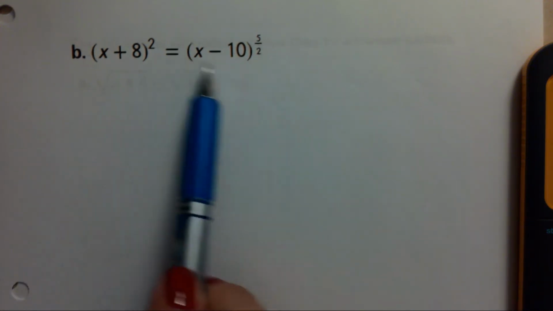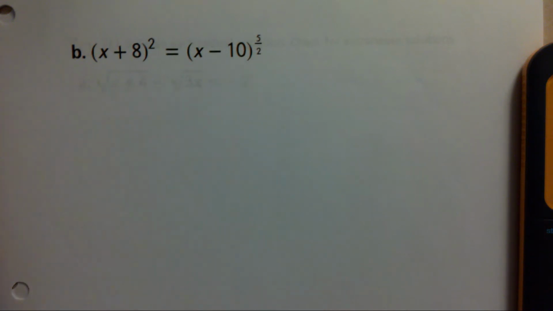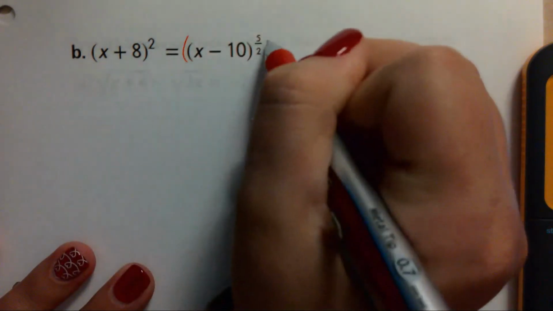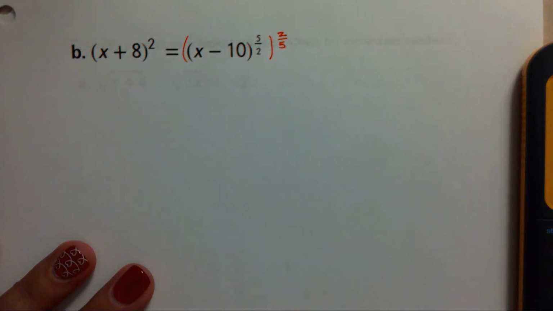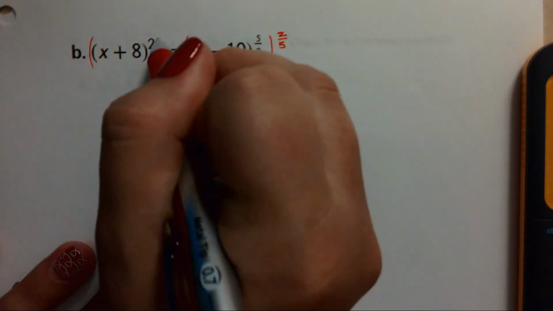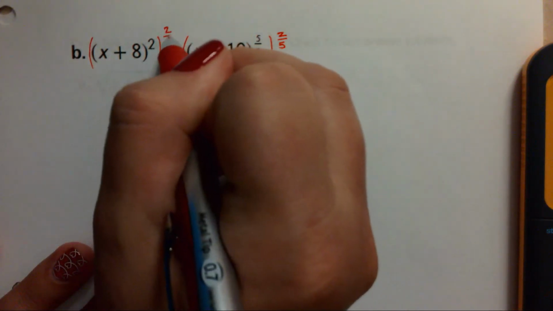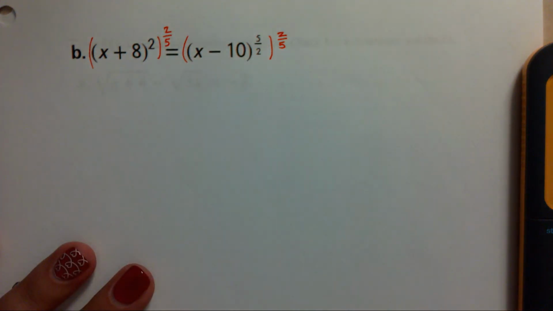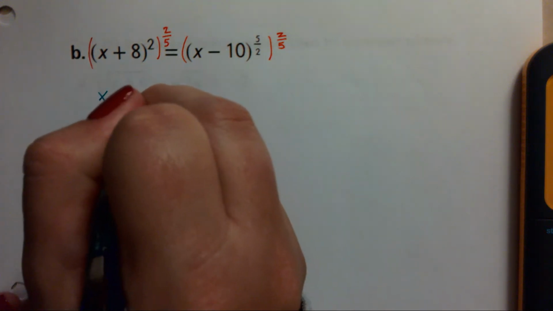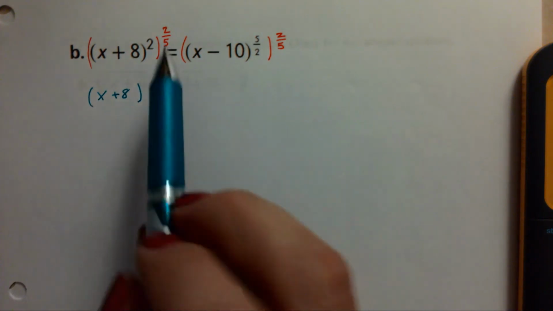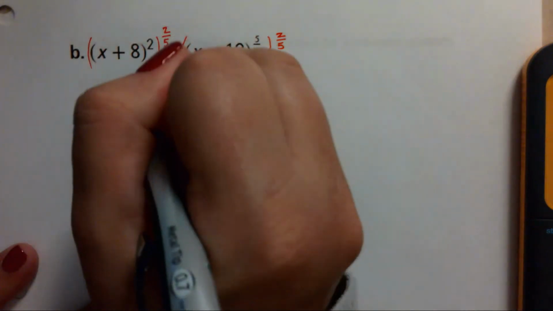So my expression with the rational exponent is already isolated. So we're going to go ahead and raise that to the reciprocal exponent, 2/5, which is what we're going to do on the left side as well. Raise to the 2/5. And so now what ends up happening is we end up with x plus 8 raised to the 2 times 2 is 4/5 power.